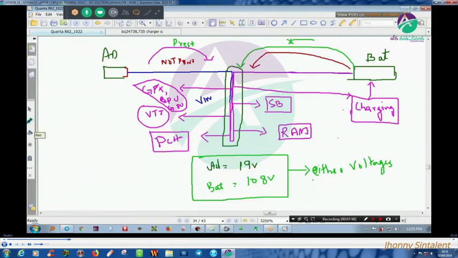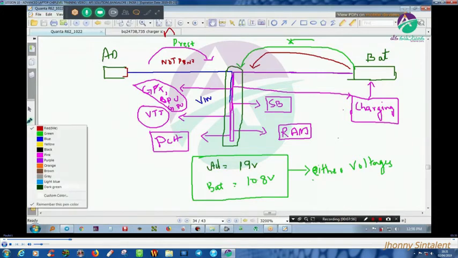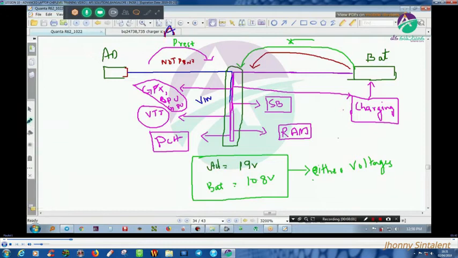Third part, when adapter plus battery is present. Okay, see, first scenario: when the adapter is present, battery voltage will not come.